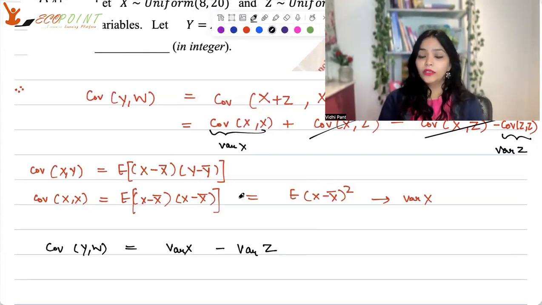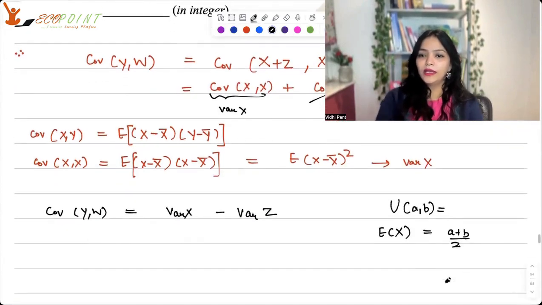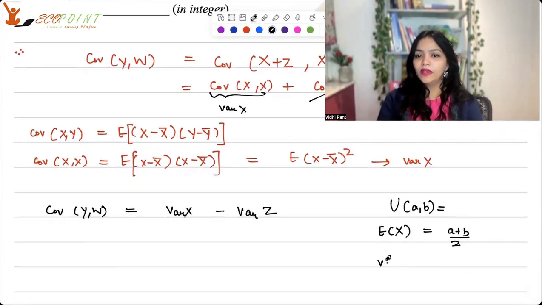Now, you need to know what is the variance for uniform distribution. So if you have a uniform random variable in the interval (A, B), then expected value of X is (A plus B) by 2, and the variance of X is (B minus A) whole square upon 12.